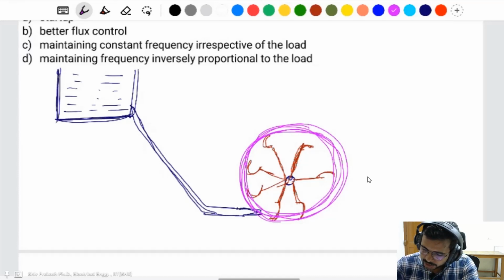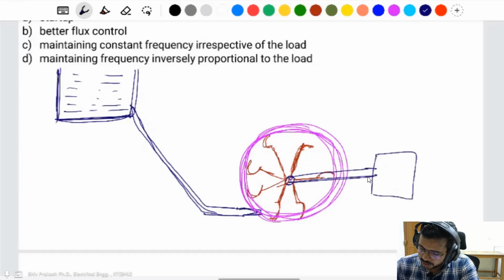The shaft is connected through the turbine to a generator, to rotate the generator, and the generator supplies the power, generating electrical power, voltage and current.